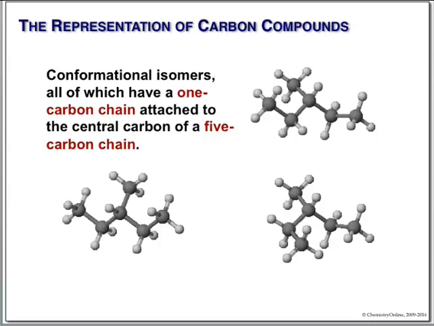Up here, our 5-carbon chain looks like that, and here's our side chain. Here, look like this. Now we put the side chain on this side. Here, our 5-carbon chain looks like this. These are all perfectly acceptable structures. They've changed so fast that we really don't bother thinking about them.